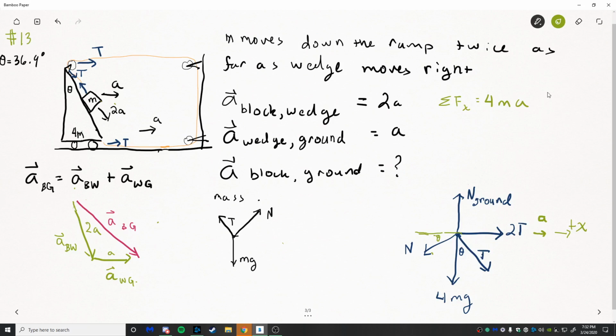In the x direction, you're going to have 2T plus T times the sine of theta minus the normal force pointing back this way times the cosine of theta. Not equal to 0. What am I doing?